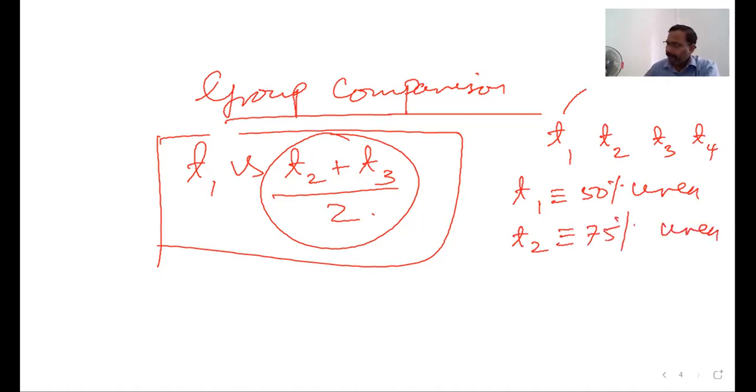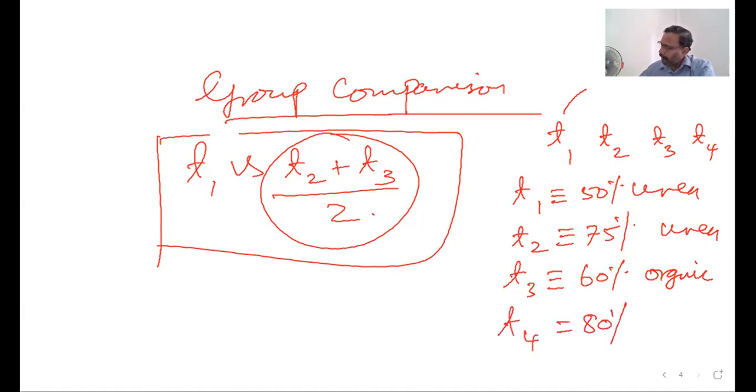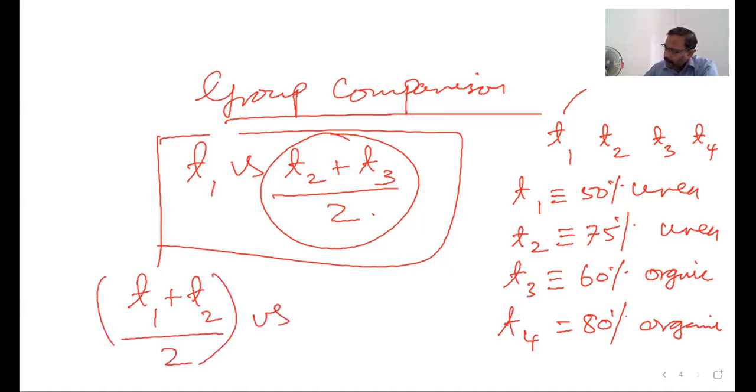Just an example. T3, 60% organic. T4, 80% organic. Now I say I'm going to test T1 plus T2 divided by 2 versus T3 plus T4 divided by 2.